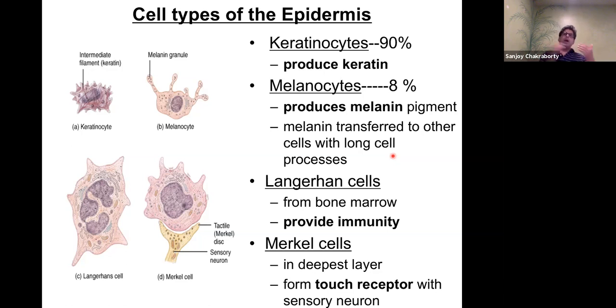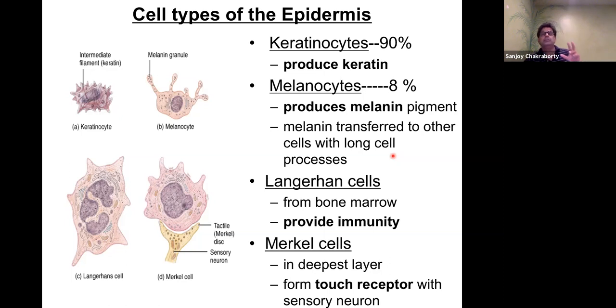But thousands of years ago, populations living under the sun most had darker skin. The more you go toward the poles, North or South, the skin color becomes lighter, because you don't need that much melanin, since the sun is not as effective in that area. So that's the function of melanin.